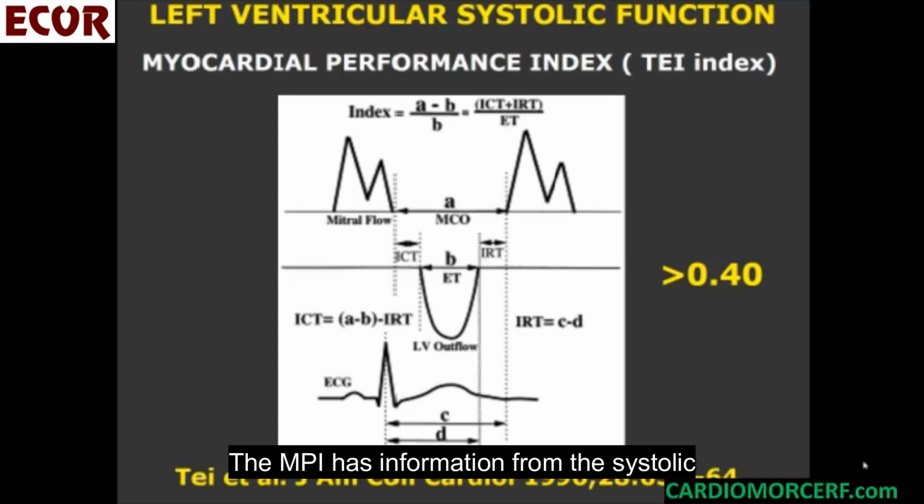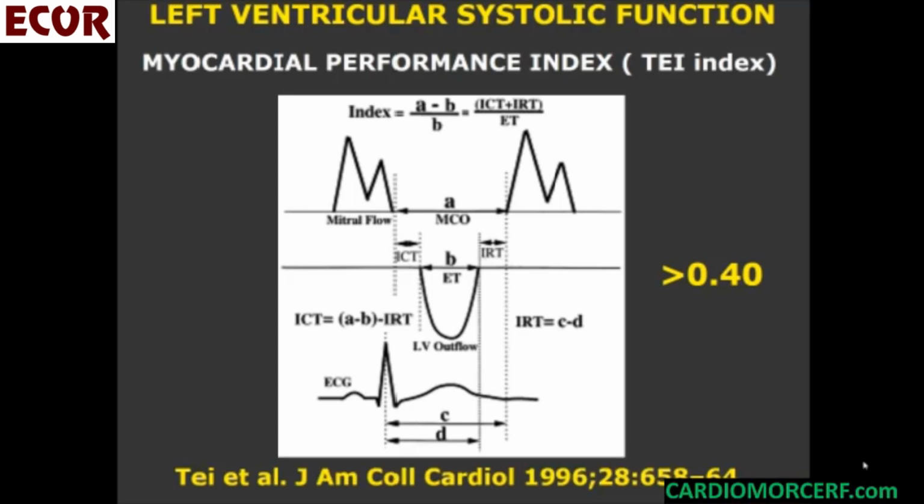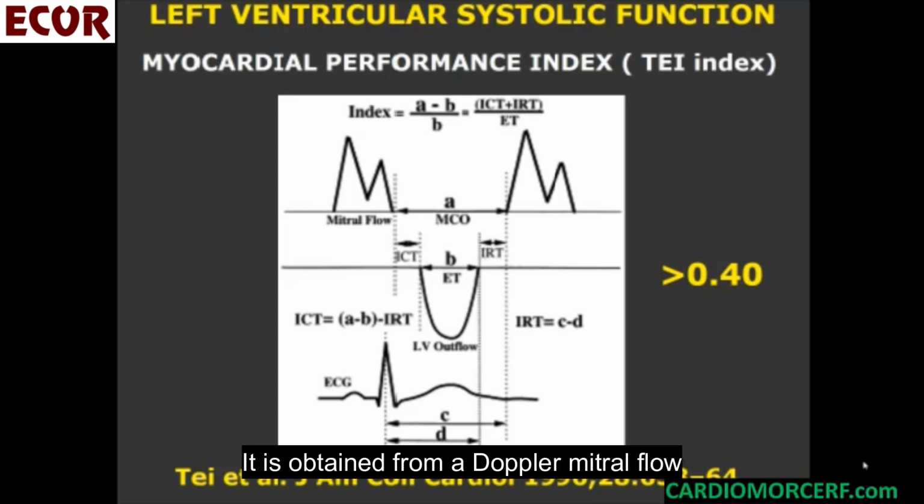The MPI has information from the systolic and diastolic functions. It is the sum of the isovolumetric contraction and relaxation times divided by the ejection time. It is obtained from a Doppler mitral flow and left ventricular outflow.